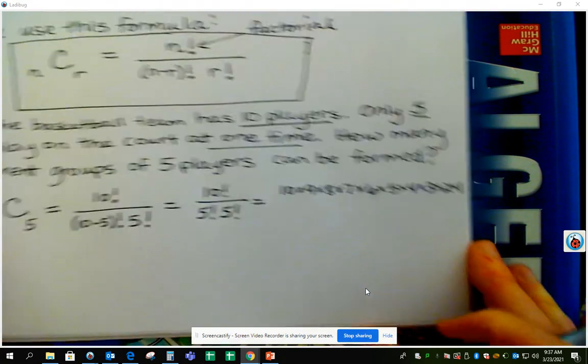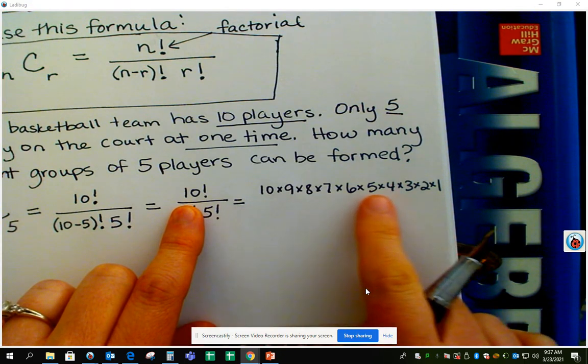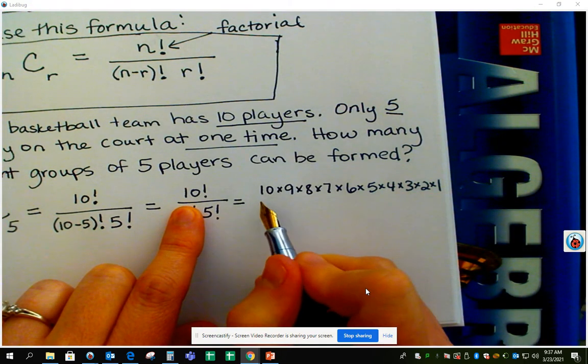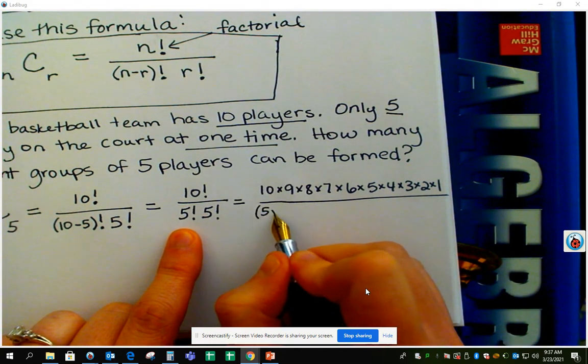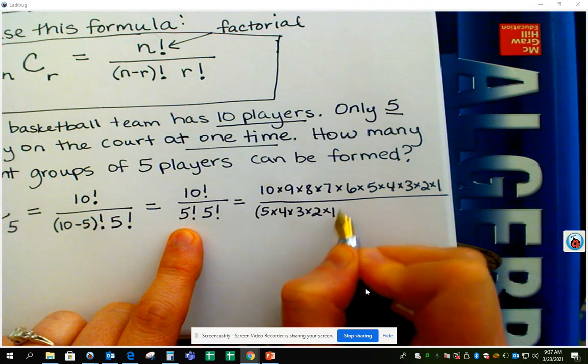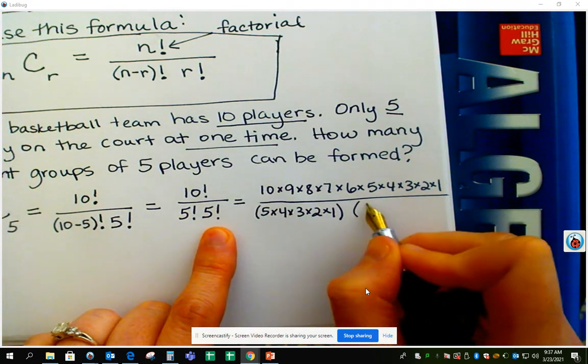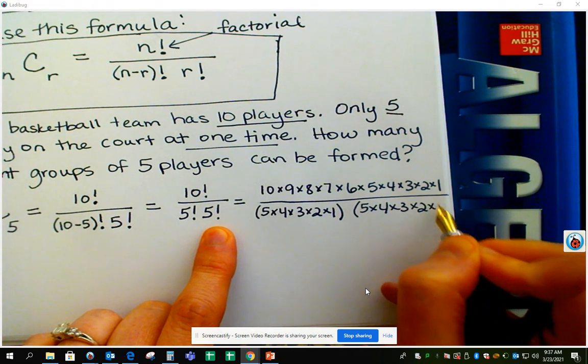So you're going from whatever number is in front of the factorial and you're multiplying by every number counting down to 1. So down here we have 5 times 4 times 3 times 2 times 1, and we do it again. 5 times 4 times 3 times 2 times 1.